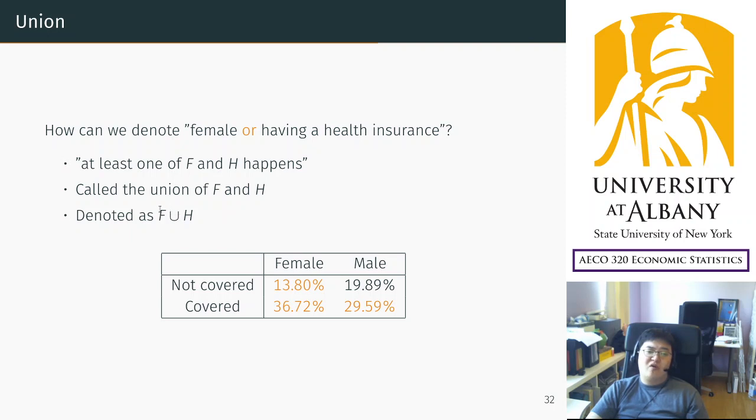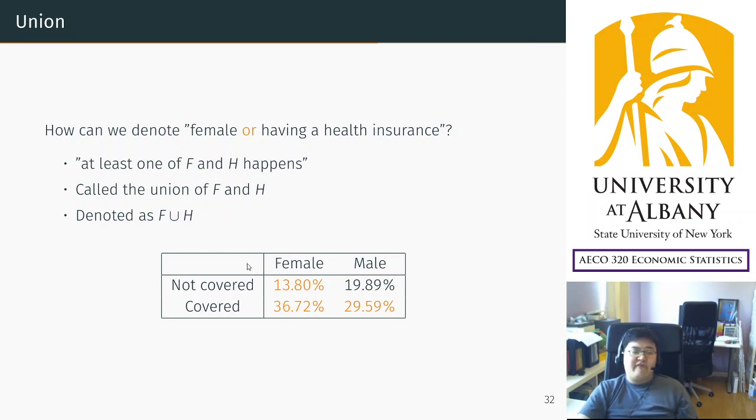The mathematical notation is a U-shaped sign. We call this F cup H. It's called cup because it looks like a cup and also looks like U. On the probability distribution table, you can mark the event in this way.